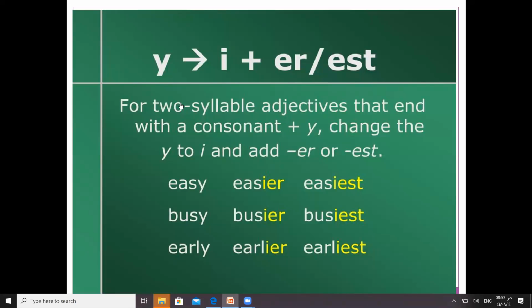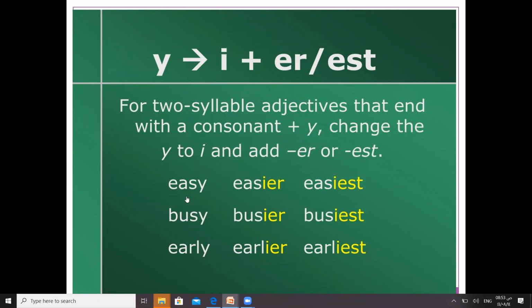Important rules you have to remember always. When do we change the Y into I? When we are using ER and EST. For two-syllable adjectives that end with consonant plus Y, change the Y into I and add ER or EST.